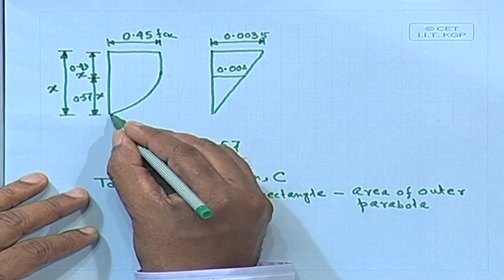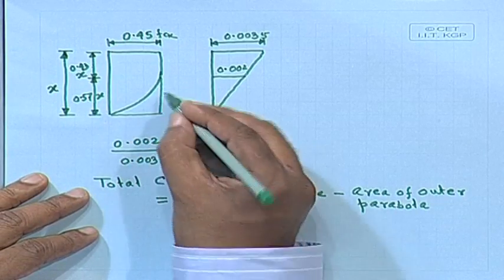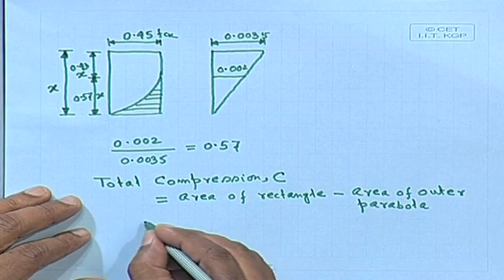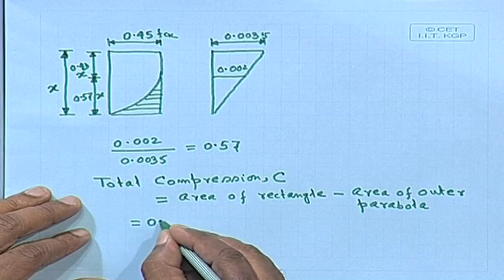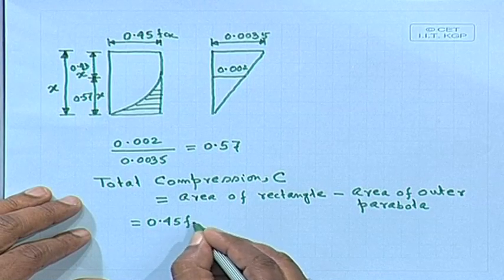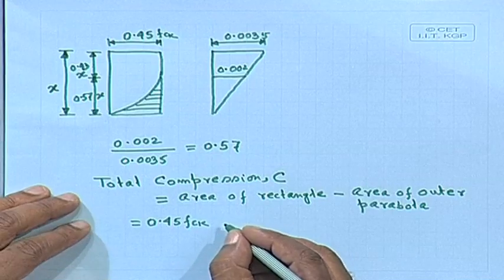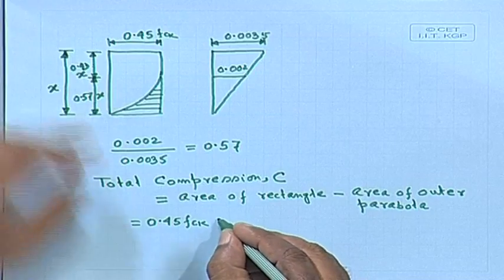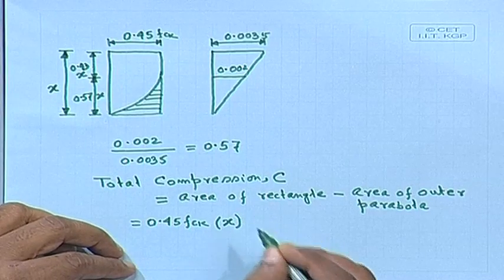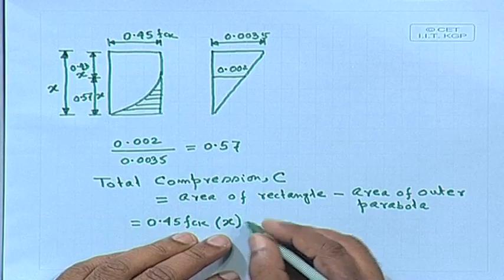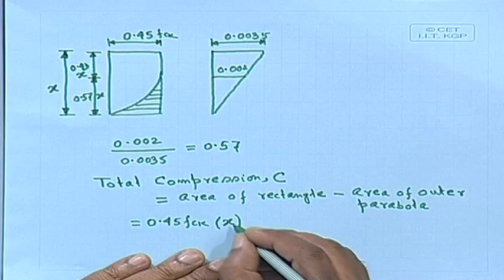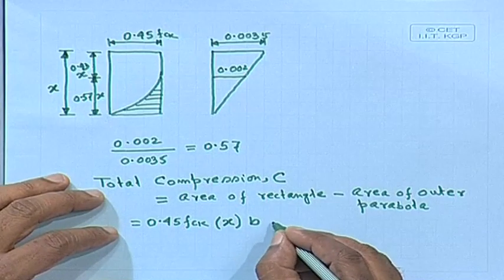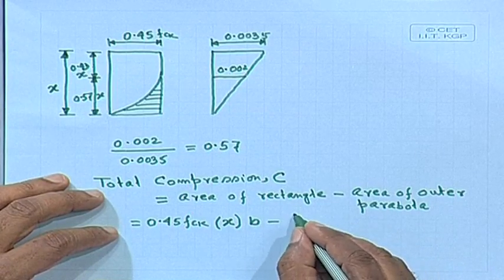Area of outer parabola means this portion. Equal to 0.45 FCK, this one multiplied by the neutral axis. To make it separate out, let us give a parenthesis. It is not multiplication 1, x is the depth of the neutral axis, multiplied by b minus 1/3.